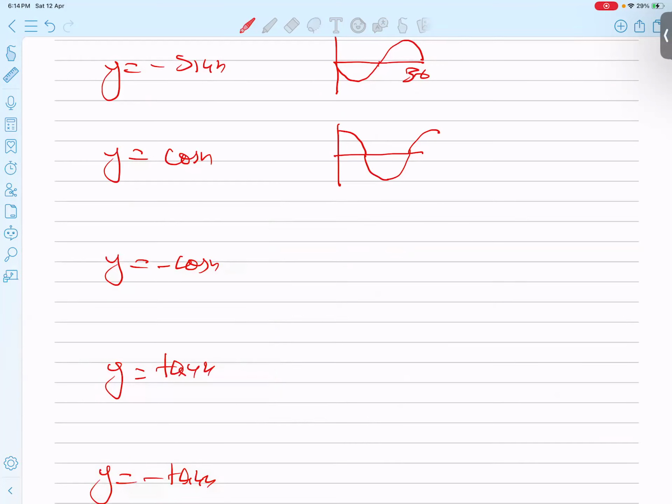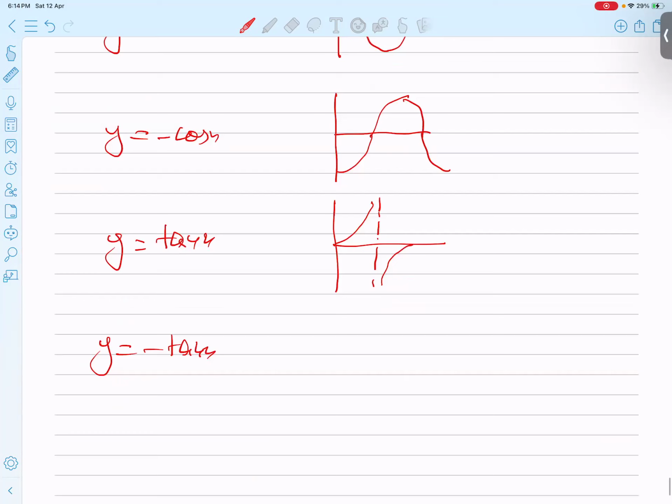The cos graph with negative amplitude will be starting from down. And the tan graph will be this graph, a dotted line, and this graph. And with negative amplitude it will be the reverse. And wait a minute, it is coming as a reflection in the x-axis, this way and this way.